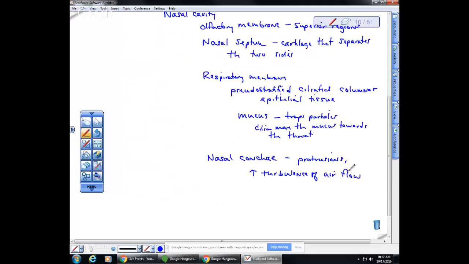So if the air were to just go straight through and then back into your pharynx without actually interacting with the nasal passage, then more debris would get back there. And so this turbulence causes the air to flow in not a straight passage. And so this helps to filter the air.